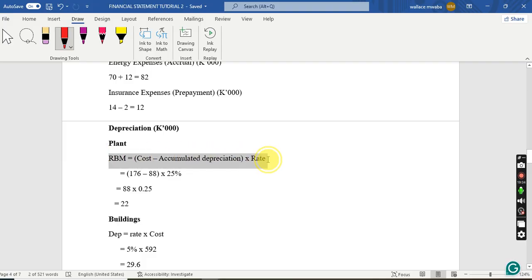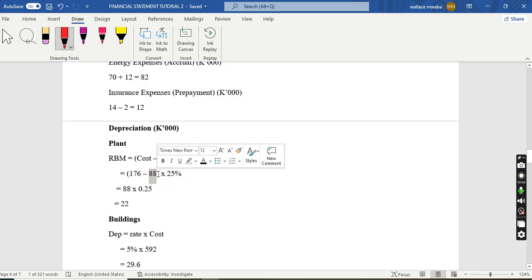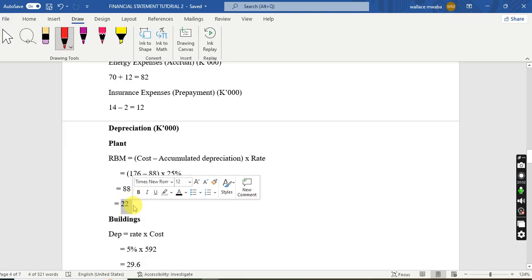So for plant, its cost is 176, accumulated depreciation 88, and the rate 25%. 176 minus 88, you get 88. 25% of 88 is 22, so 22,000. This 22,000 would be added to cost of sales. Any questions?